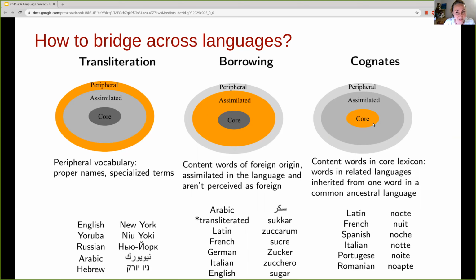So the assimilation process and consequently the modeling is much more complex, because these pairs of languages can be very divergent. So although modeling cognates can be easier, in practice, this has limitations.